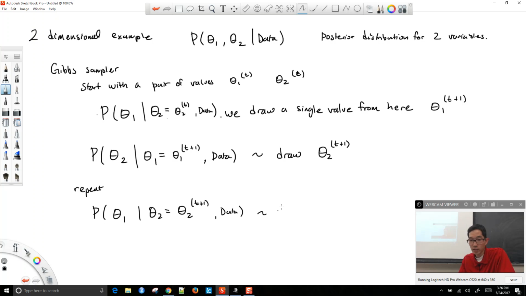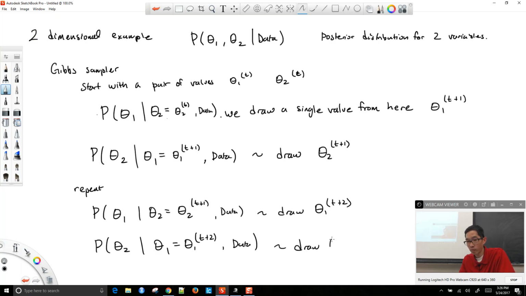And then we draw theta 1 at time t plus 2, and so on and so forth. Repeat.